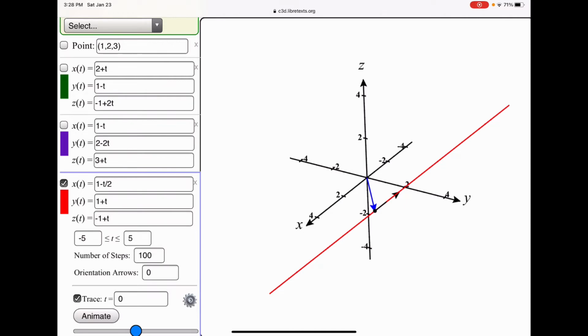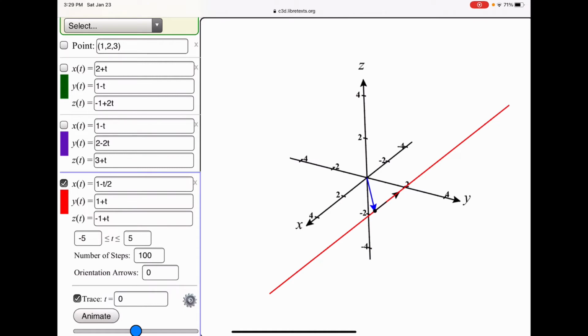That point happens to be, in this case, (1, 1, -1). And then you can see the direction vector, that's the black vector, and then the red line going through that. And what's happening is that for every t value, we're updating that blue vector that's pointing towards a point on the line.